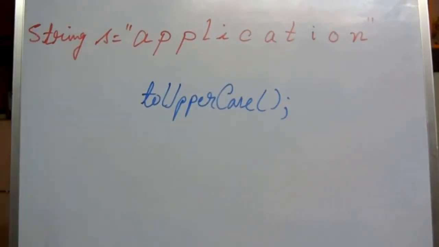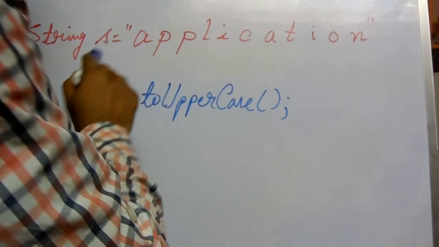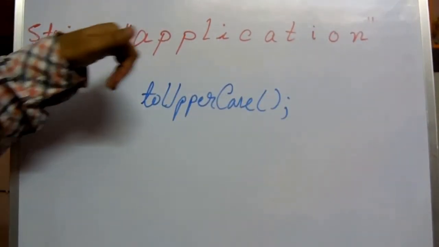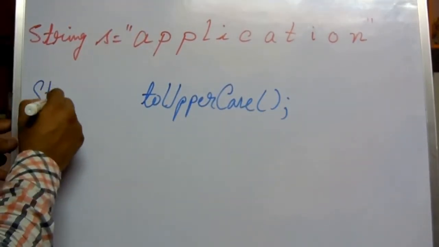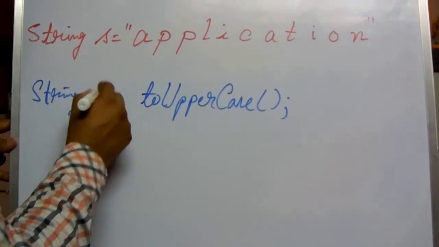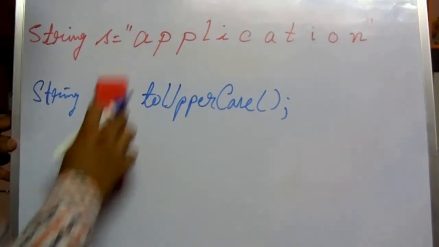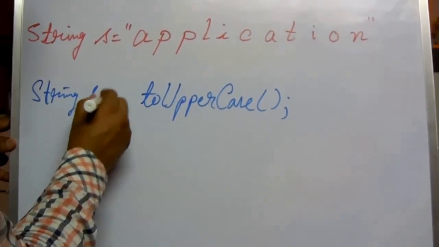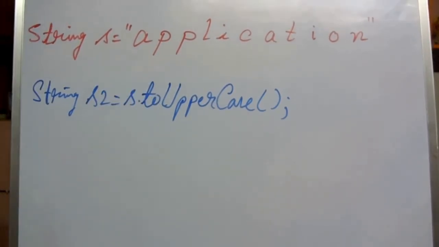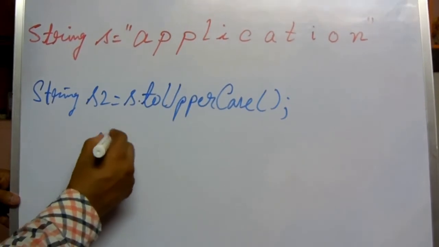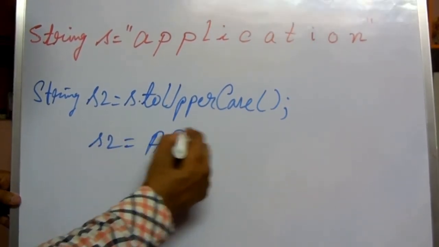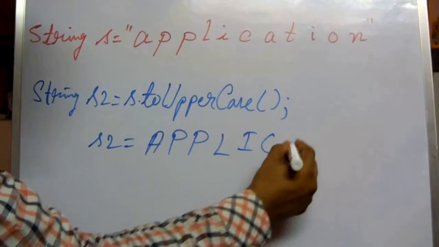It returns a string. So if S is application all in small letters, and we write string S2 is equal to S dot toUpperCase, then the value of S2 will be APPLICATION.